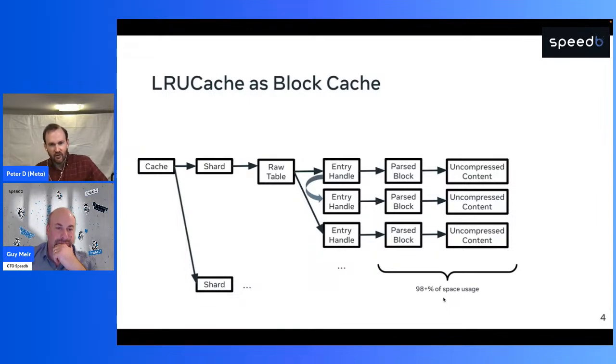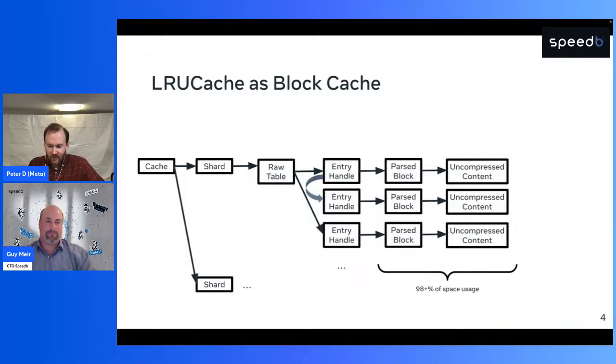But in the block cache, 98+% of the space usage is in the values that we're referring to. And so having a little extra space in the table itself, having a medium to low load factor, is not a big deal. It's not wasting much space compared to other hash table use cases.